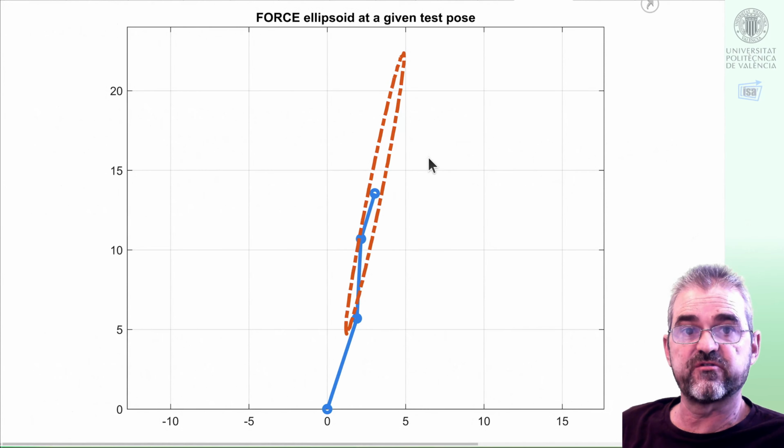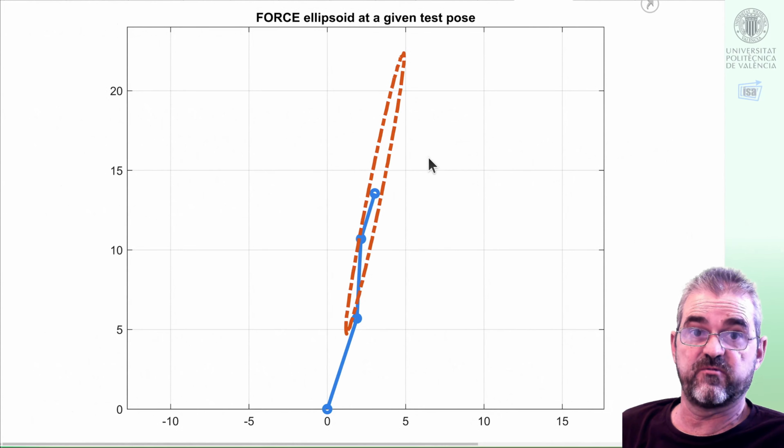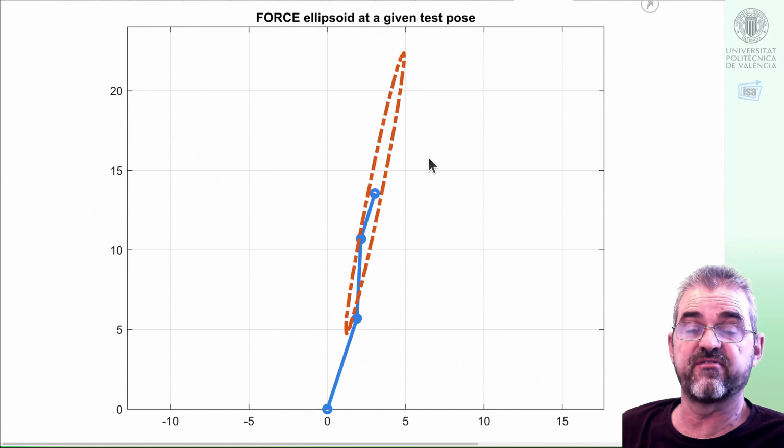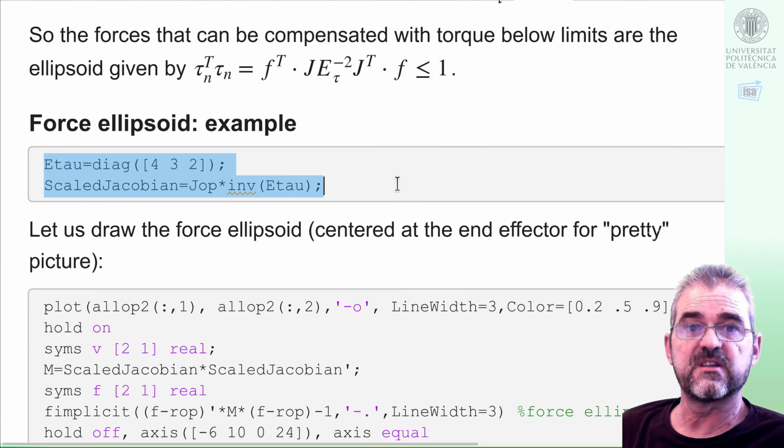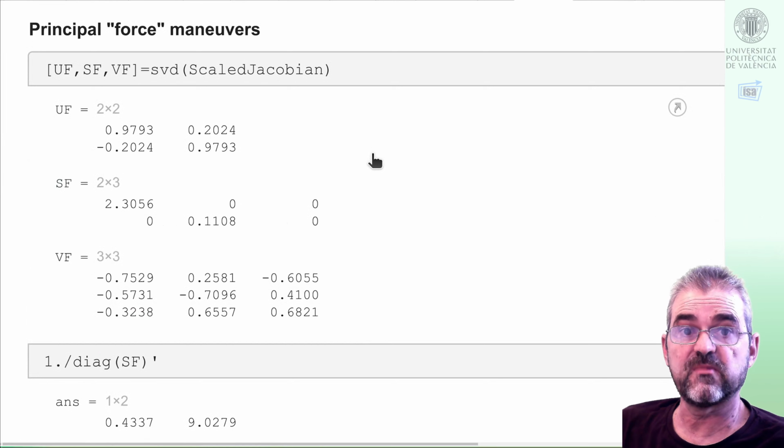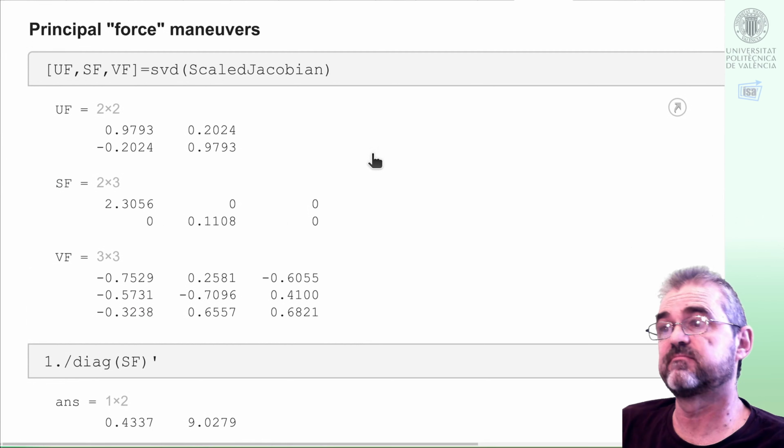So we have a large force and a small force, and that will have a relationship with the singular values of the scaled Jacobian I computed here. So let us have a look at the singular value decomposition of said scaled Jacobian.